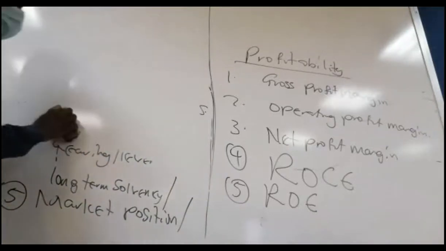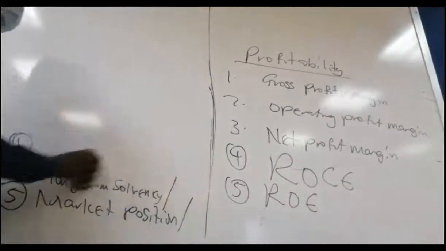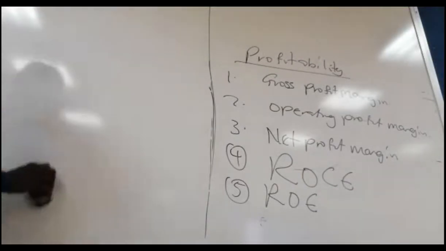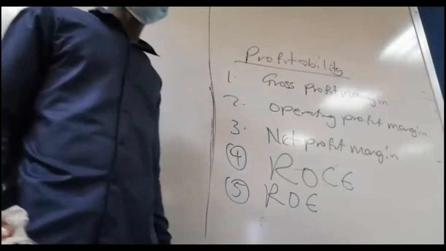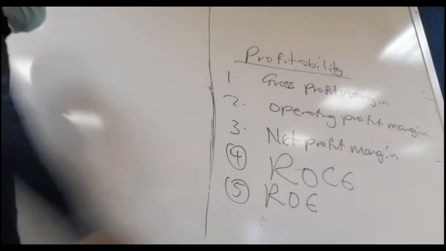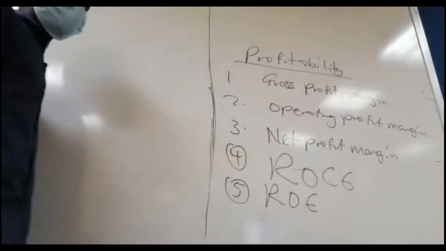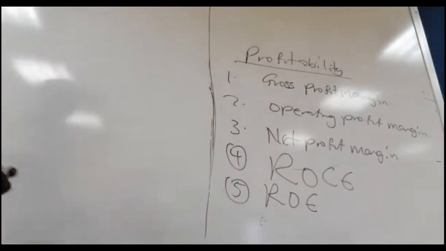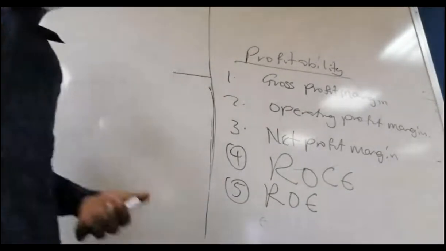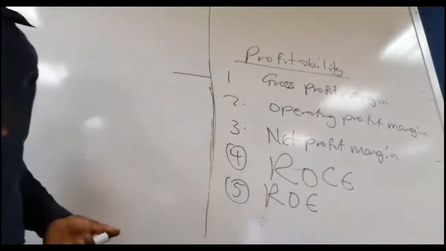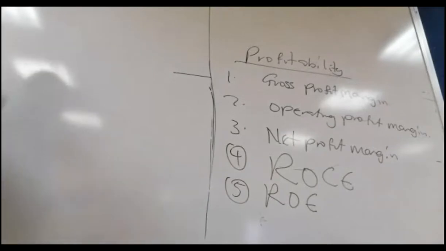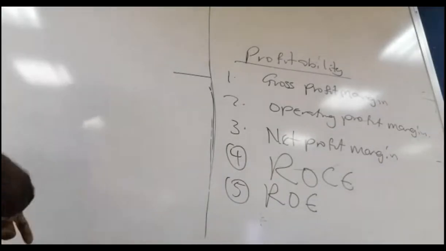Gross profit margin is gross profit over sales times 100. That is the formula. Margin simply means profit expressed as a percentage of sales. That is the meaning of margin.